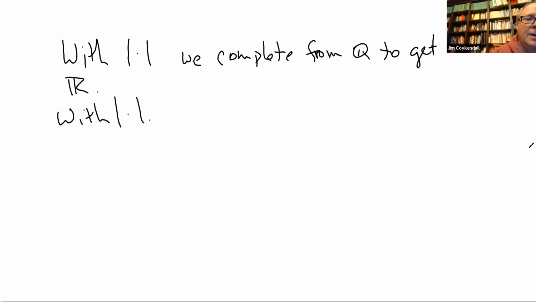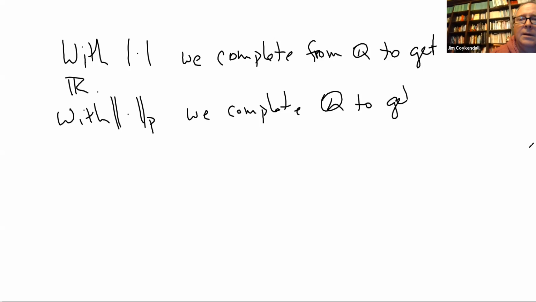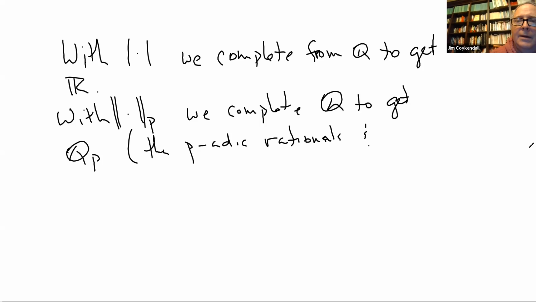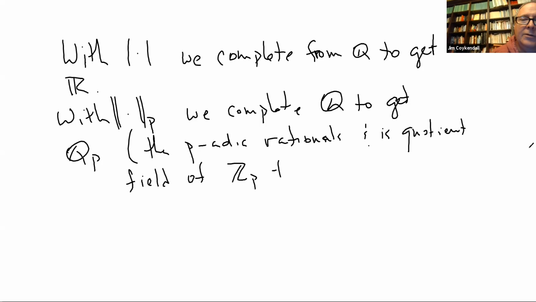With the p-adic absolute value, we complete Q to get Q_p, okay? And this is called the p-adic rationals, and is the quotient field of Z_p, the p-adic integers.